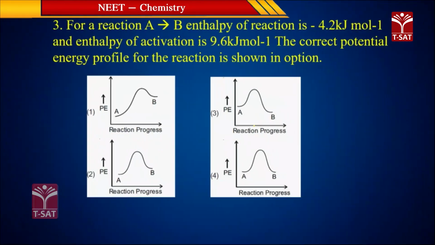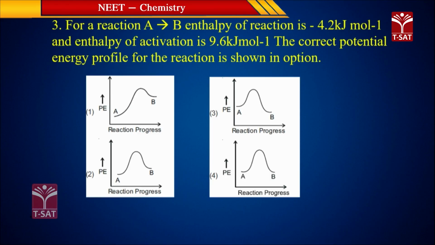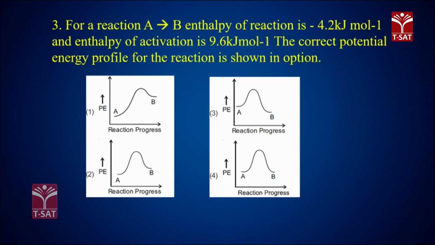And next question. For a reaction A to B, enthalpy of reaction is 4.2 kilojoules per mole, right, and enthalpy of activation is 9.6 kilojoules per mole. The correct potential energy diagram for the reaction shown is.